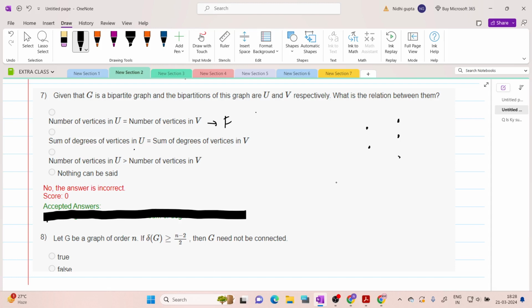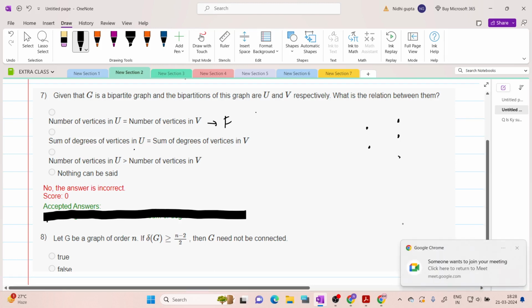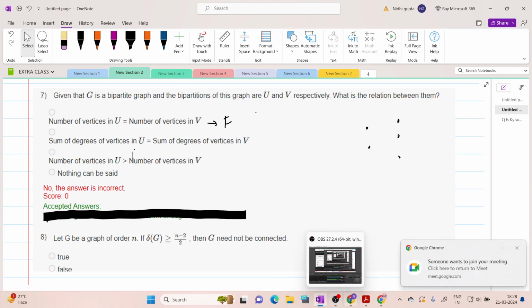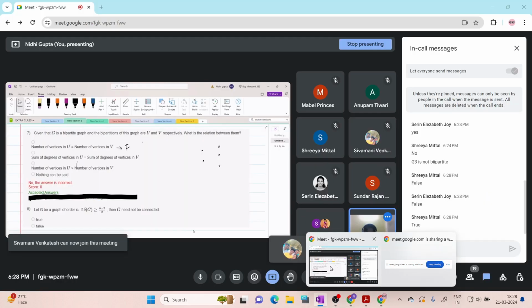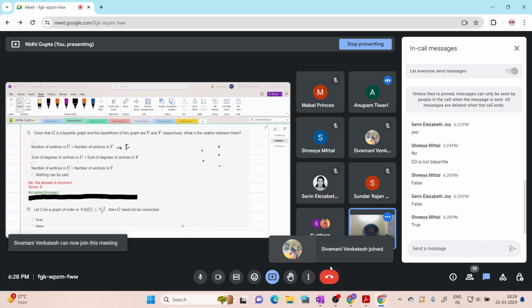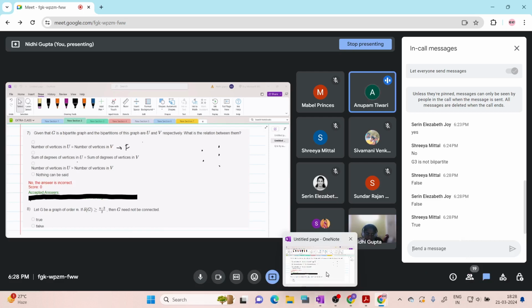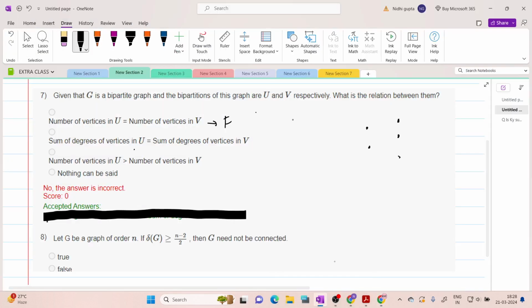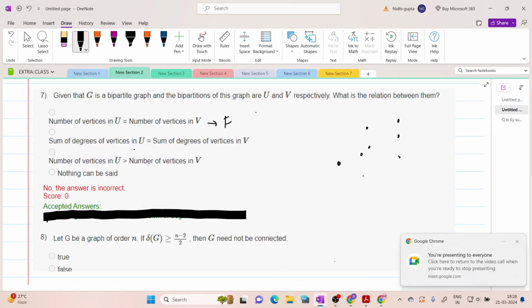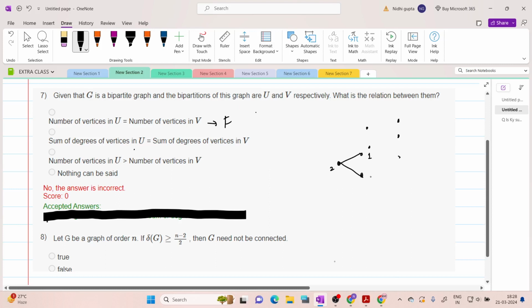What is the graph then? If we take U as one node and V as two nodes, then the degree at U is two. But here also the degree is 1, the degree is 1.